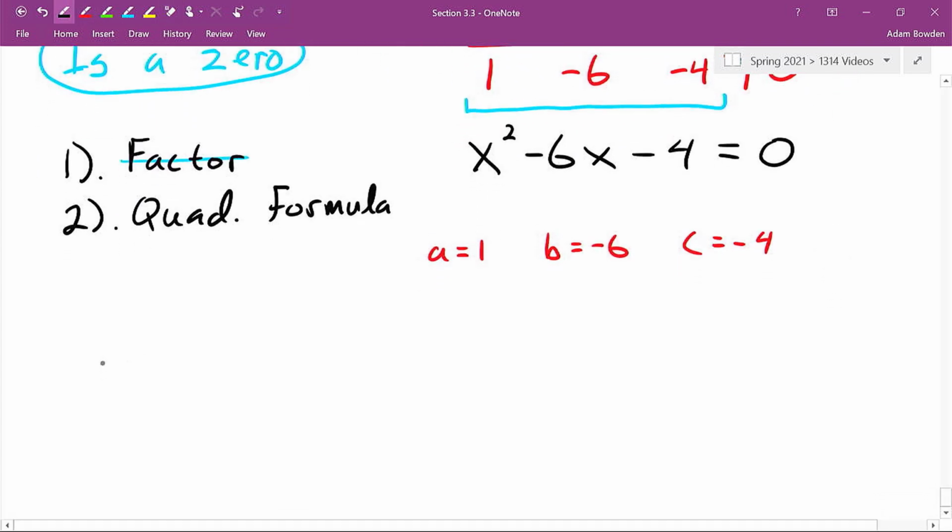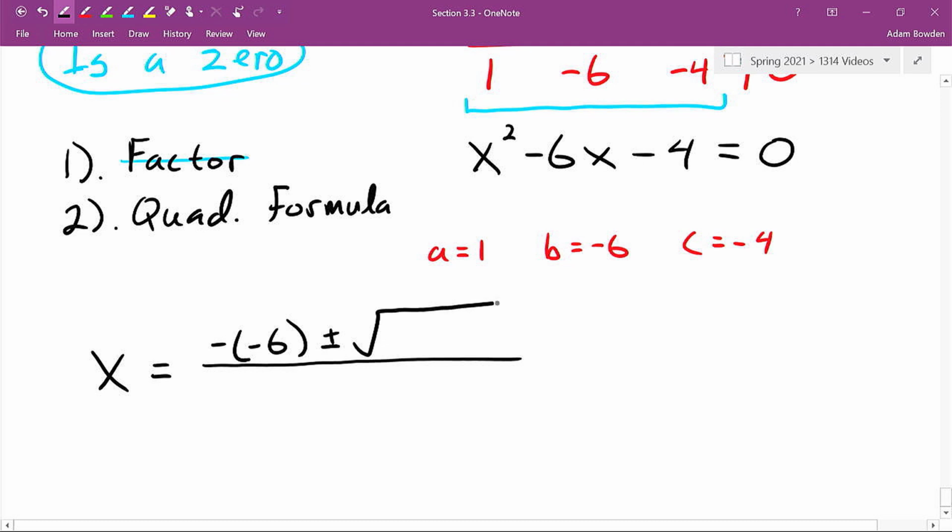So when I set up the quadratic formula using those numbers, it looks like -(-6) plus or minus the square root of -6 squared minus 4 times a times c all over 2a.